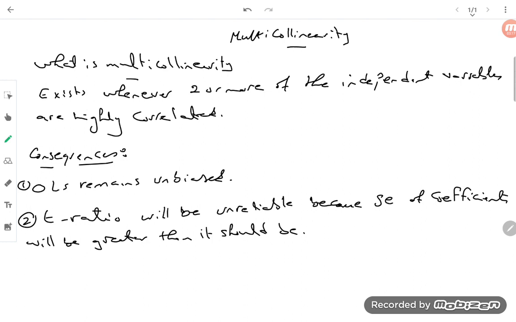Number three, R squared would be very high, giving misleading results.